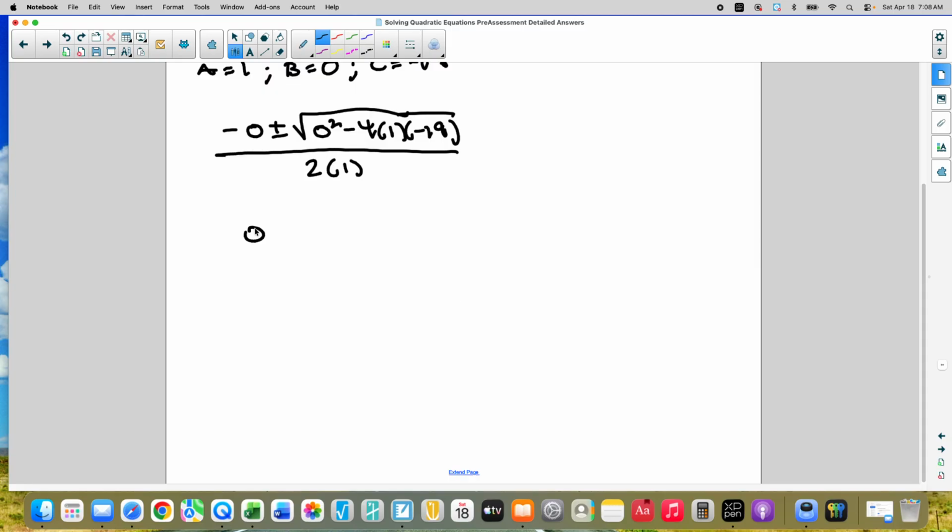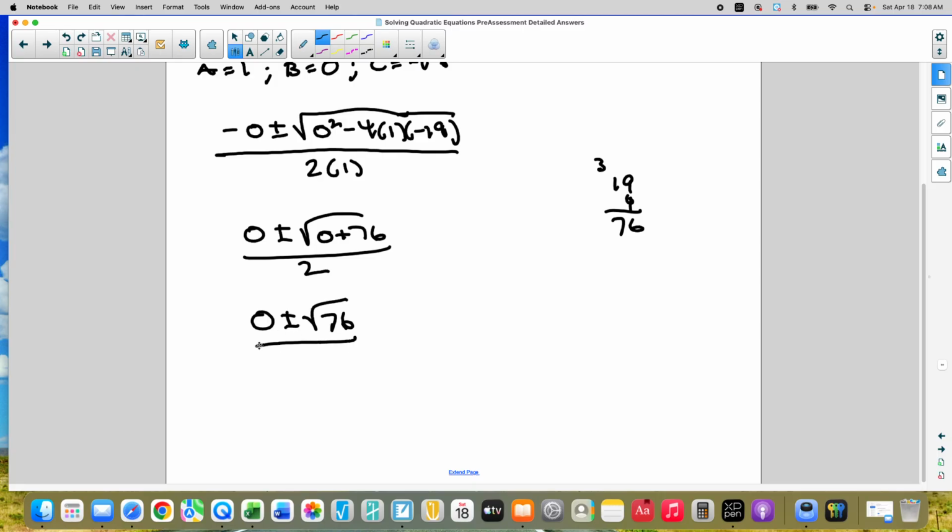So you have 0 plus or minus the square root of 0 plus 19 times 4. 9 times 4 is 36, so 76. 76 over 2. You have 0 plus or minus rad 76 over 2.